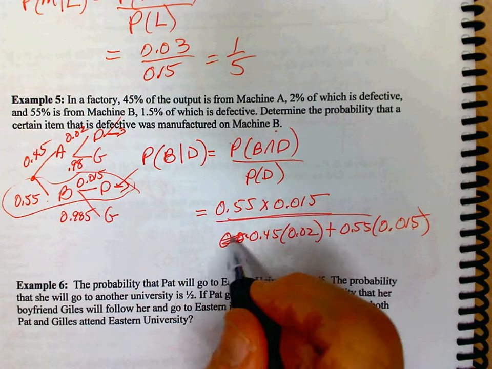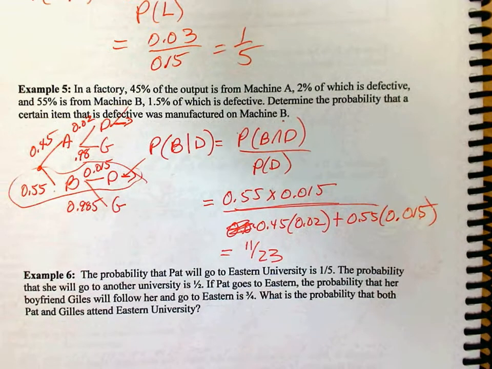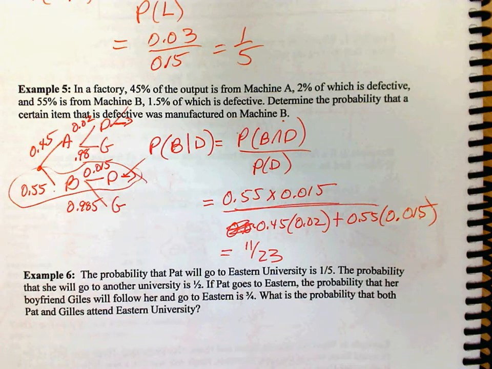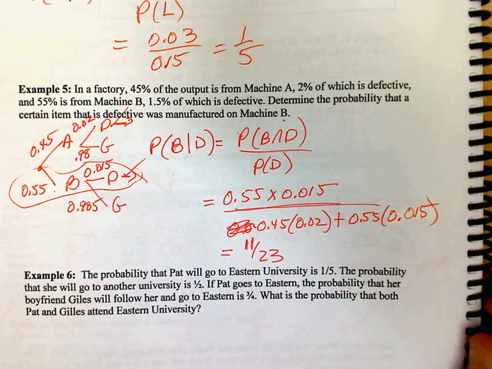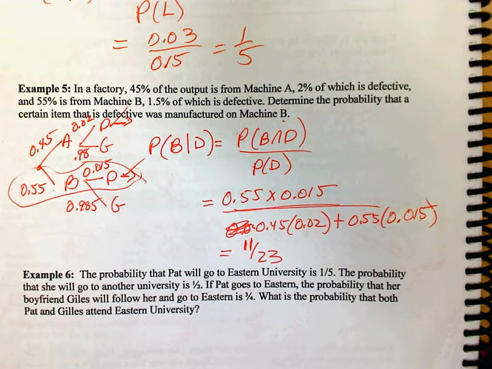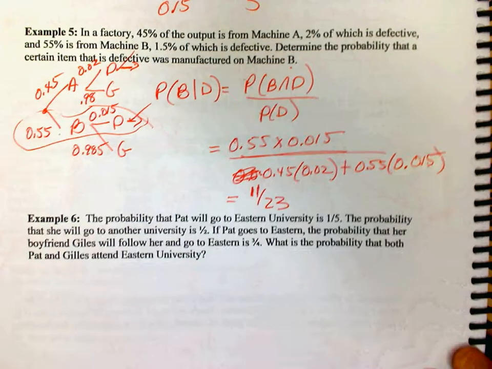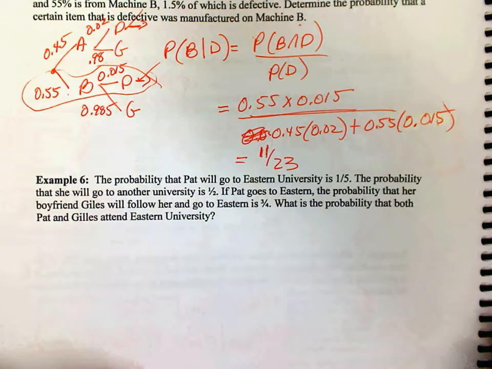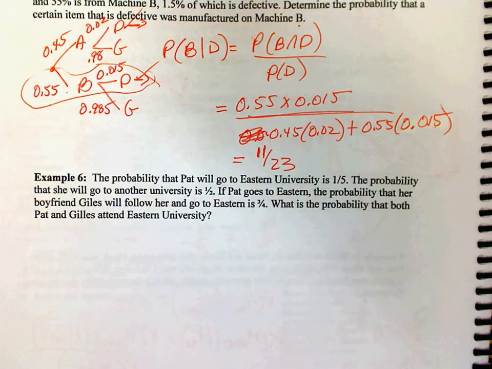So this works out to be 11 over 23. Okay. Can I answer any questions? Yeah. For equations like these, do you want us to leave it in fraction form, or it doesn't? Fraction's best. It's more accurate.